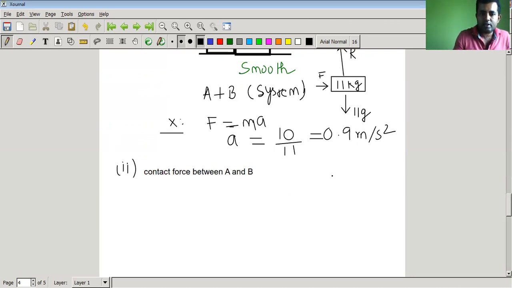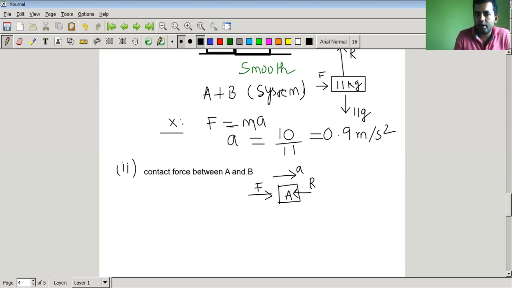if I represent the system, let us say this is the block A, right? We know that the force is acting on this. Now, what will be the contact force due to B on A? We all know that the contact force on A due to B will be in this direction. Let us write it as R. Fine. Now acceleration of A is in this direction.